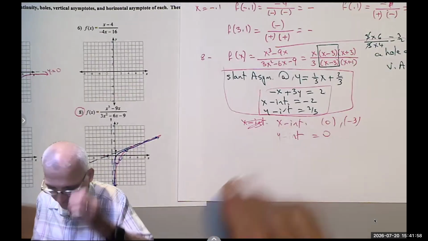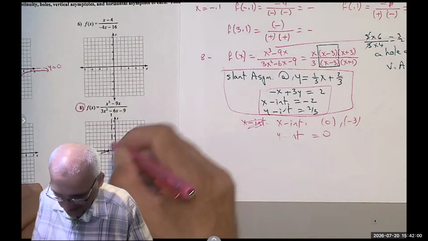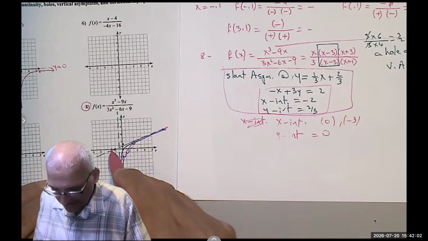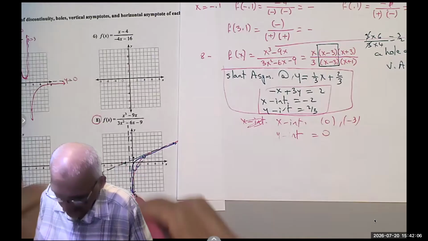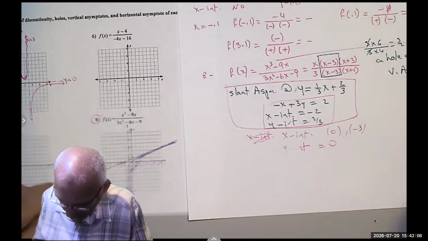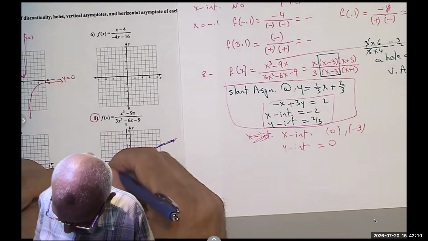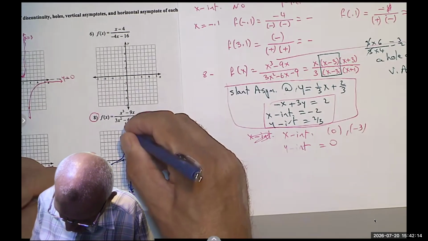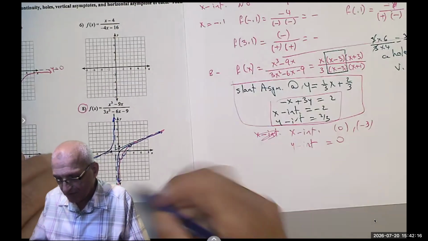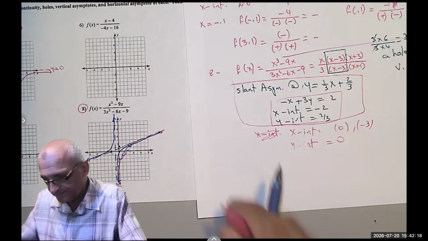That's what we said. The other branch should come here because I cross at -3, right? So it's going to look something like that. So these are the two branches.